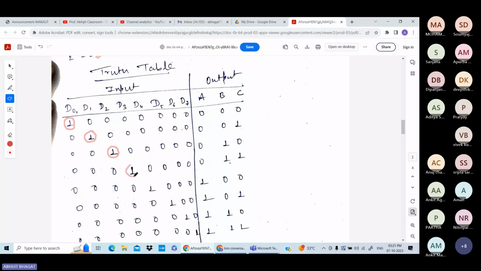D3 is 1, 0, 1, 1. D4 is 1, next number is 1, 0, 0. Sorry, D5 is 1, not D4. It is D5. So when D5 is 1, your combination is 1, 0, 1.